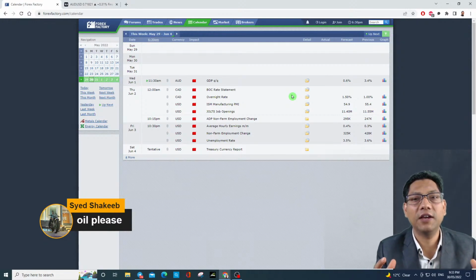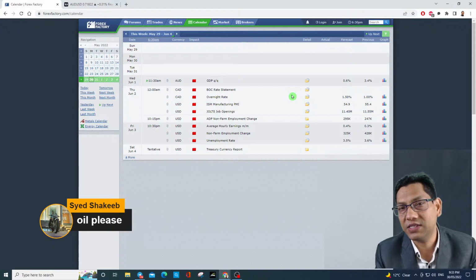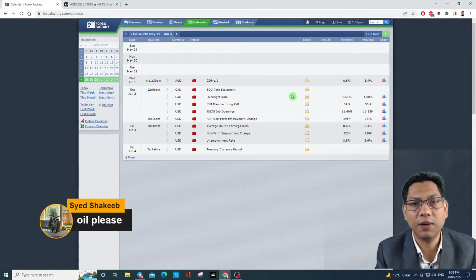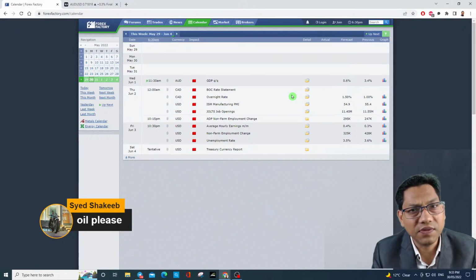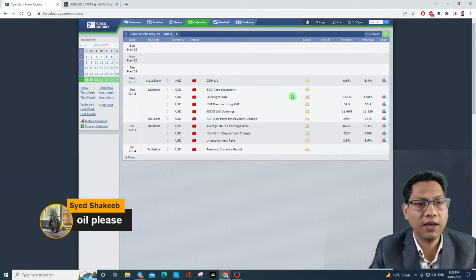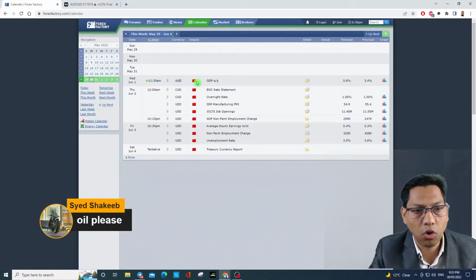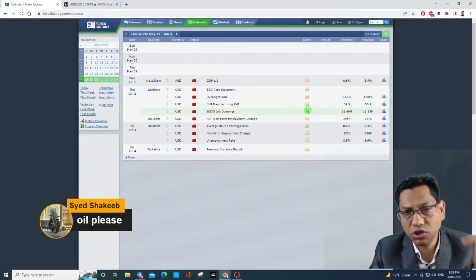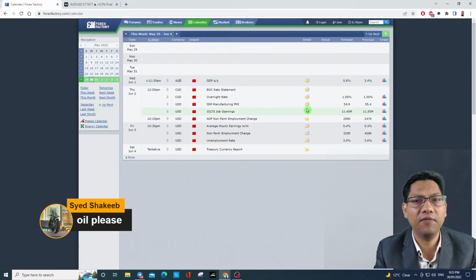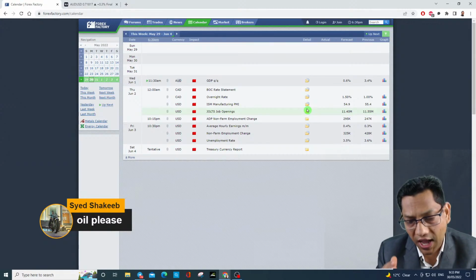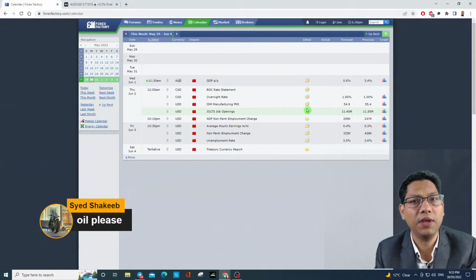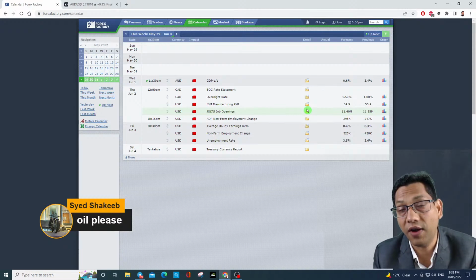Most people might offer you something like COT data or some other fundamentals, but what I have seen is that, let's say on the 1st of June, Wednesday, there is an Aussie dollar news release. So Aussie dollar will behave in a certain way until the news release, or maybe a day before or after the news release.